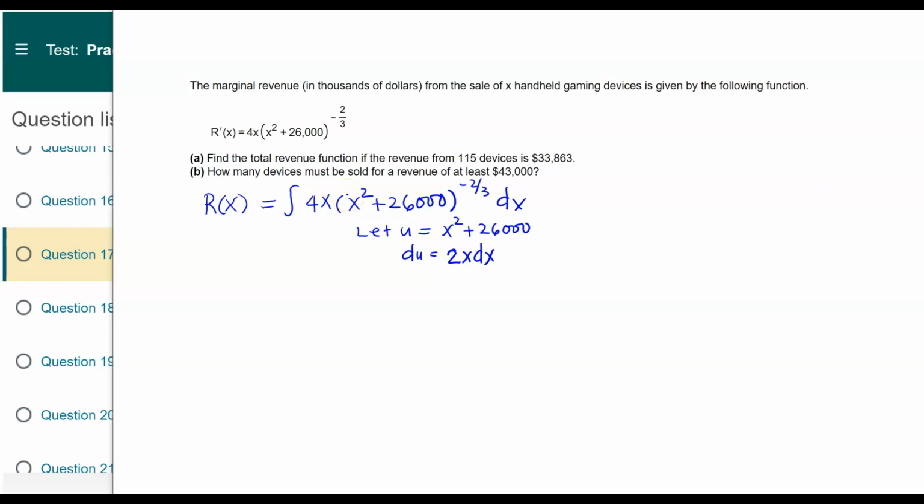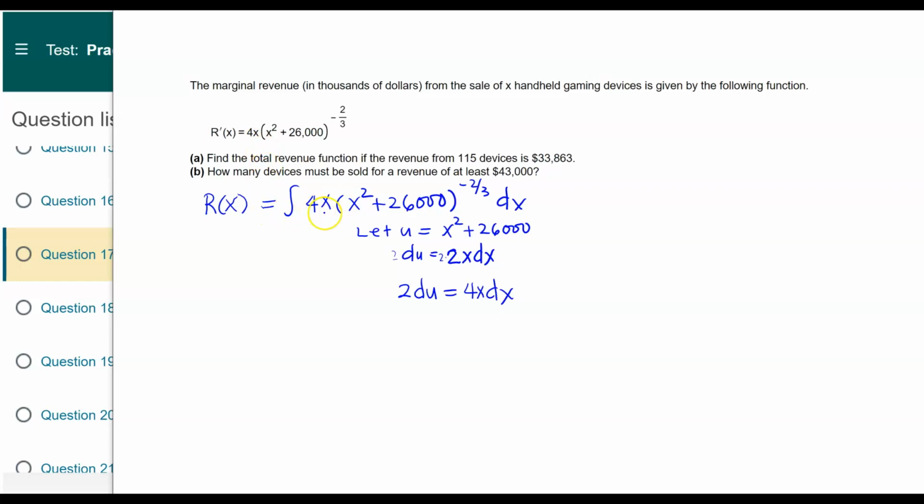Notice that here you have 4x and here you only have 2x dx. So you might want to get 4x from here, and you can attain that by multiplying both sides by 2. So if I have 2 du, and you multiply by 2 here as well, I will have 4x dx.